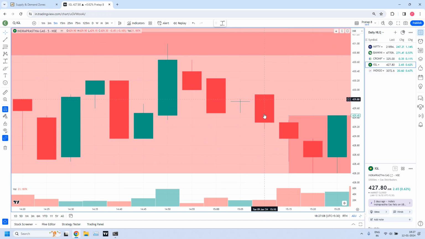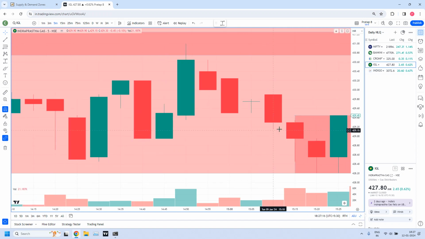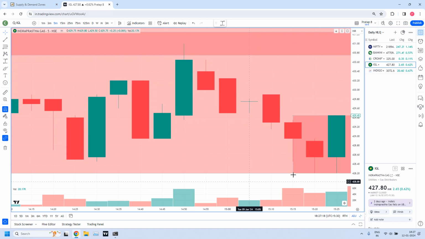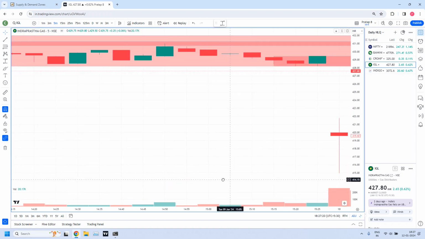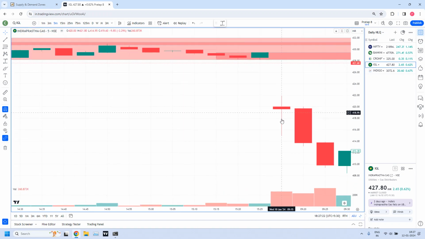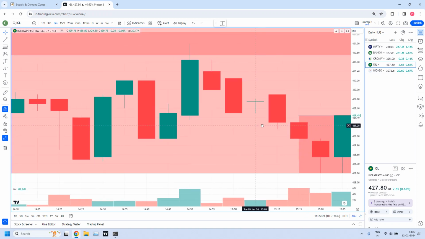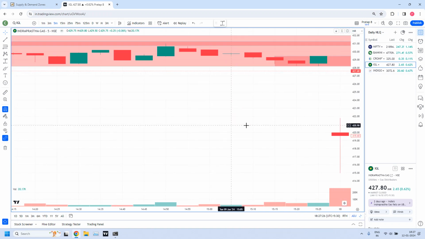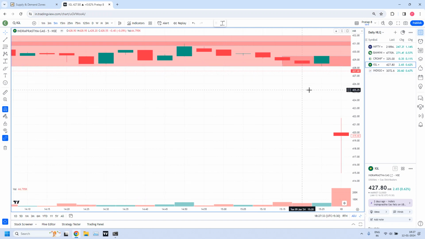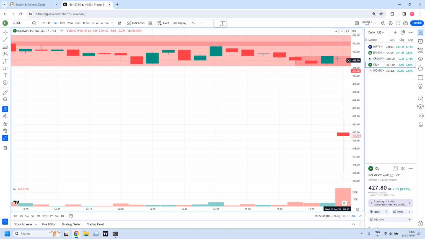See here you have a drop, 2 base candles, and then you have a rally, drop base rally. After this rally candle, again there is a drop candle. So where is the base? Where is the base candle? So it is only a pivot. This zone is having a pivot.